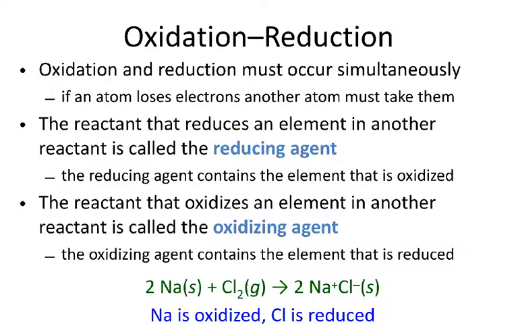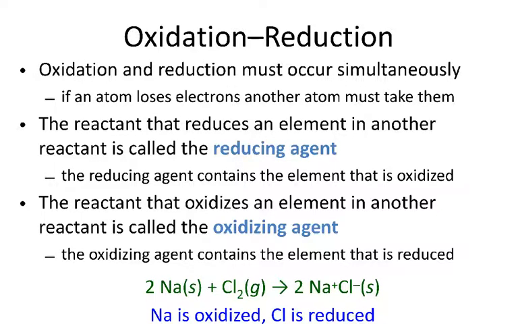Now, more terminology for you. The reactant that reduces an element in another reactant is called the reducing agent. So agent means it's making something else reduced. In other words, it's the element that is oxidized.